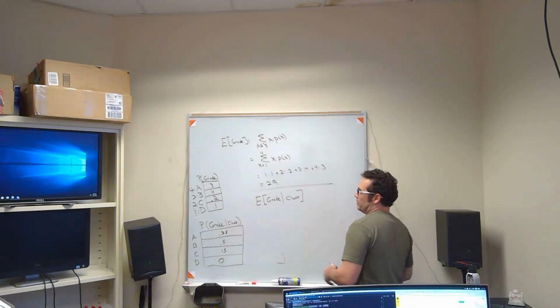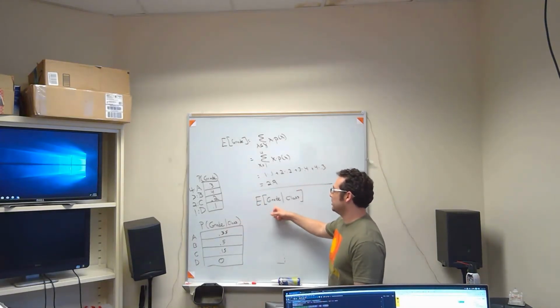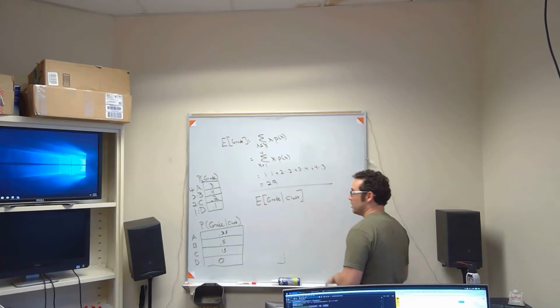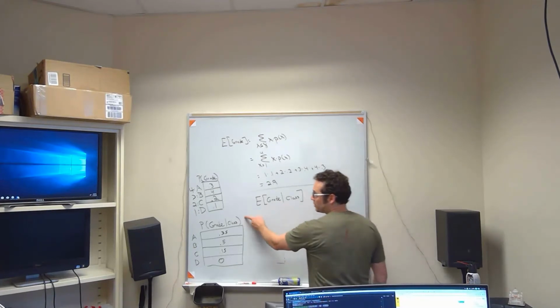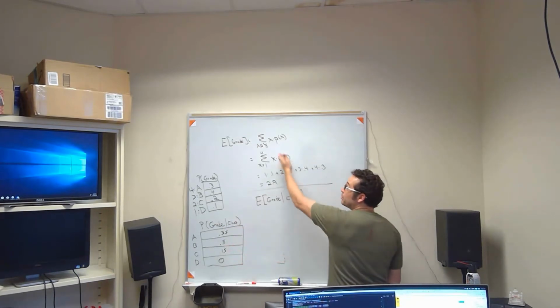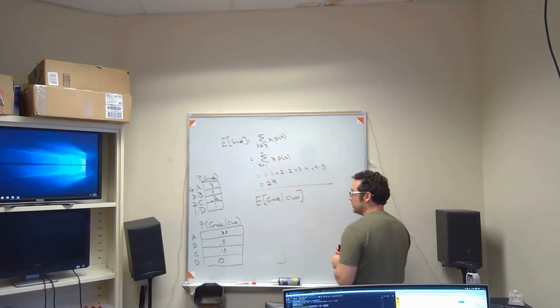All right, so now the question is, what's the expected grade you're going to get given that you go to class? Okay? This is the probability of your grade given that you go to class. So really, we're just applying the same thing at this stage.